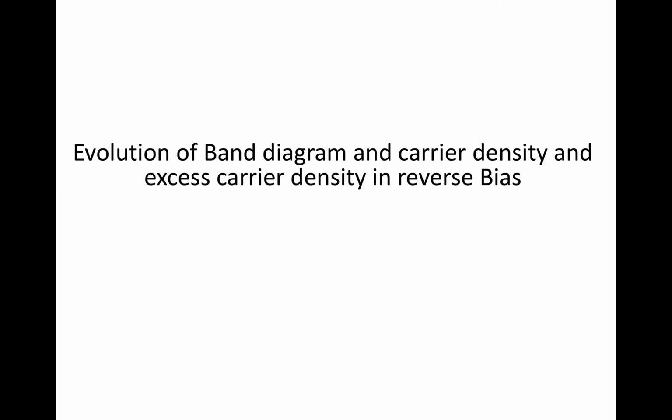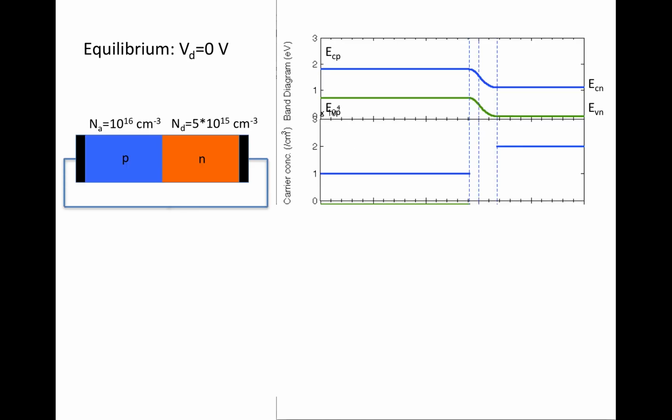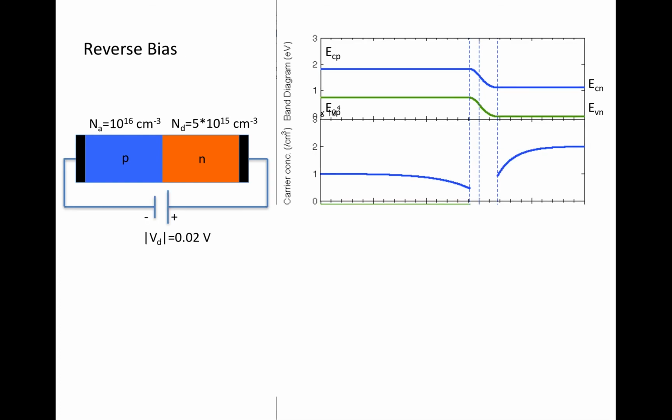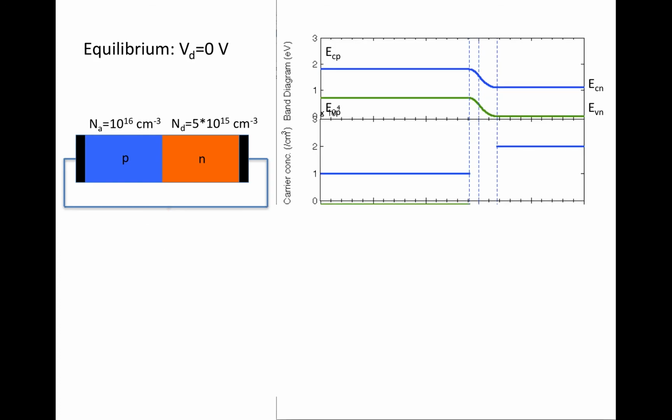Okay, so now let's look at the same thing in reverse bias, the evolution of carrier density and the band diagram in the reverse bias region. Here again is the zero voltage case. What we have plotted here are the equilibrium carrier densities.